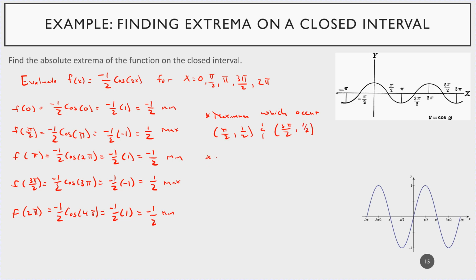And then it looks like you have minimum, which occurs at, so you have 3 points here. You have 0, negative 1/2. You have pi, negative 1/2. And then finally you have 2 pi, negative 1/2.